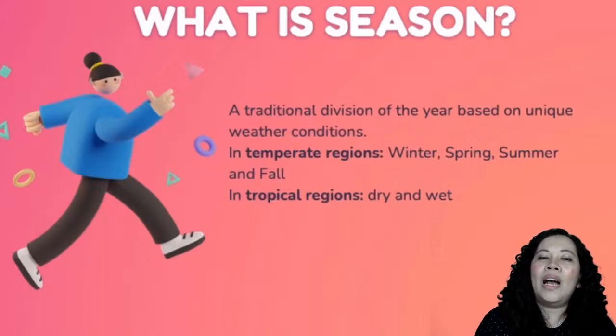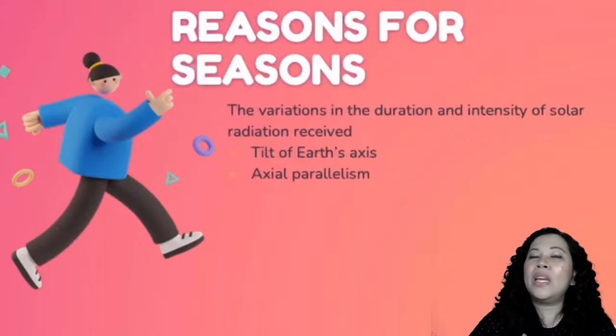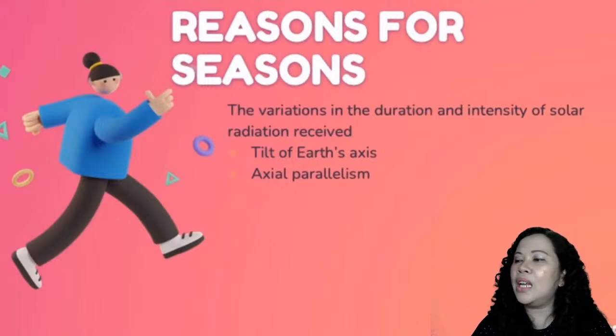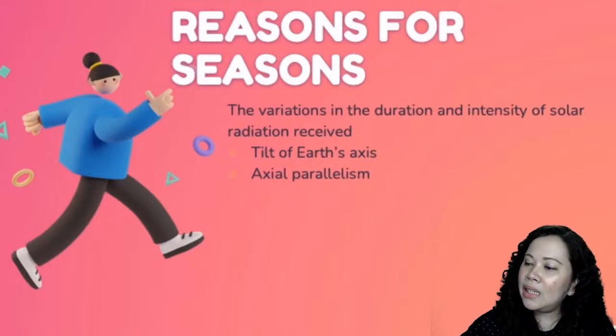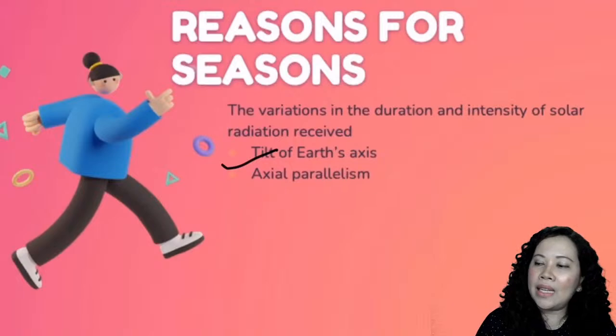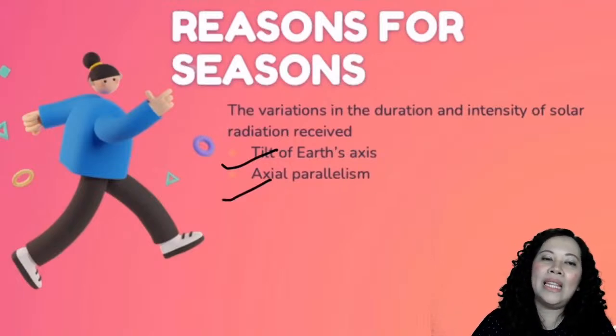Again, what are the reasons for the seasons? The variation in the duration and intensity of the solar radiation that is being received, due to the tilting of the Earth's axis, and the other one is axial parallelism.